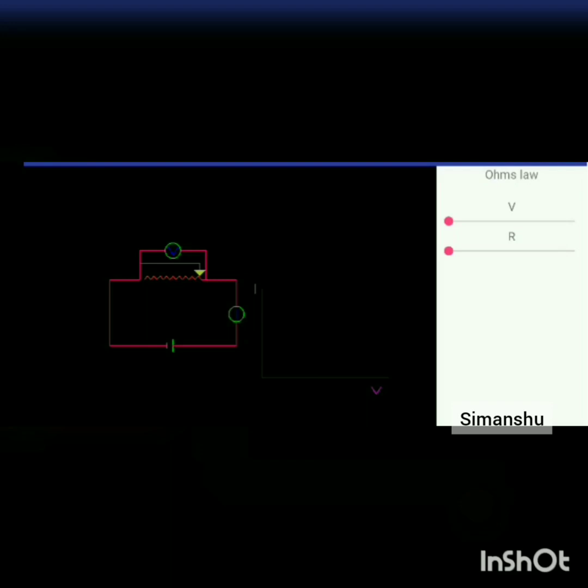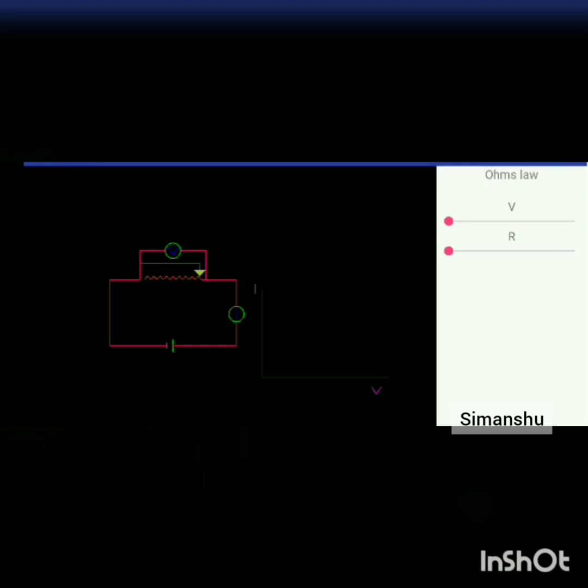Here at this moment you can see there is a graph also on one side, where along the x-axis we kept V for voltage, and along the y-axis it is I. I think you already know that the dependent factor we keep along the y-axis and the independent along the x-axis.